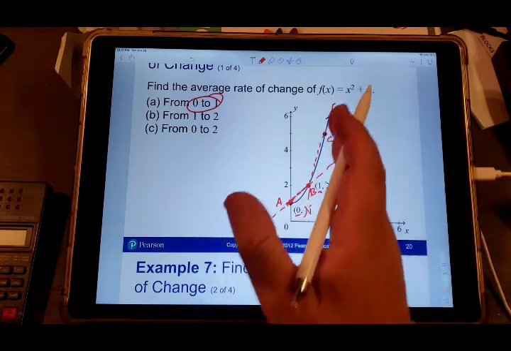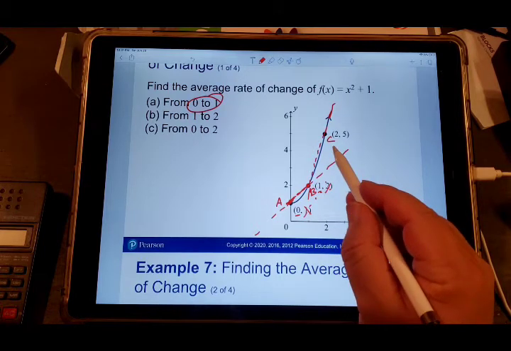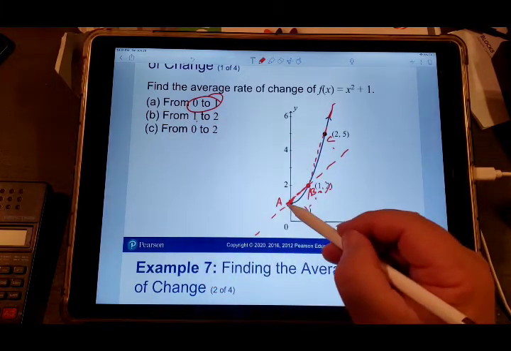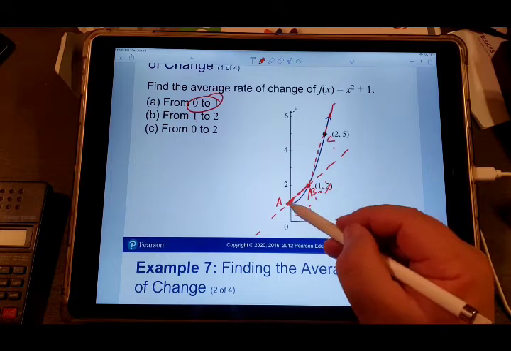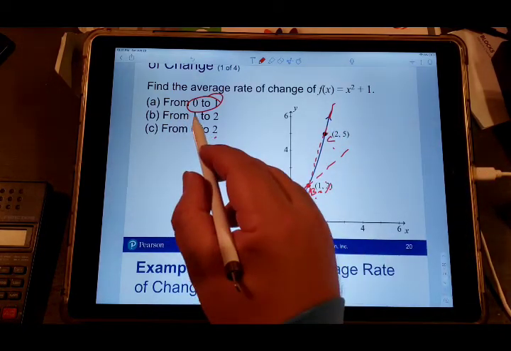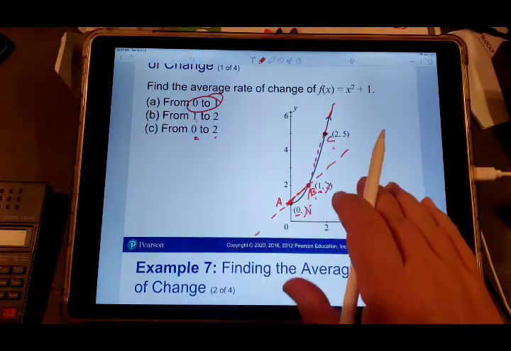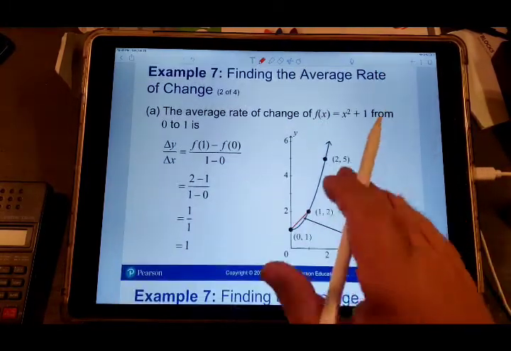It's going much steeper from point B to point C, and then somewhere in between from point A to point C. So that's basically what they're asking: the average rate of change is, geometrically, how steep is that line?